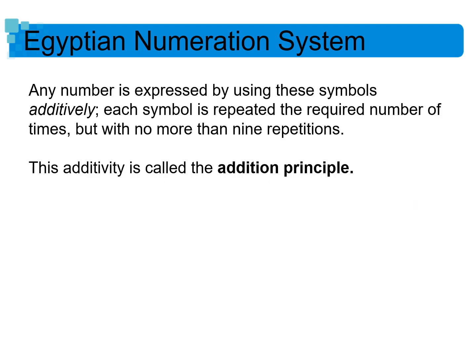So the way that the Egyptians used these symbols is that basically they used the addition principle, which they basically just added these symbols next to each other, and that's how they did that. And so let's take a look at a few examples.